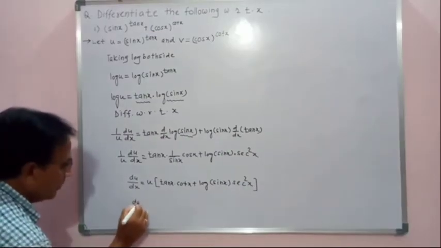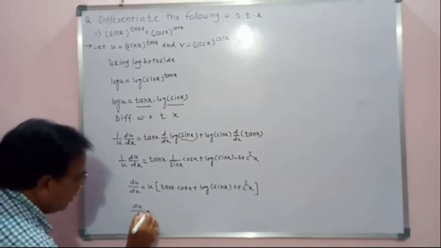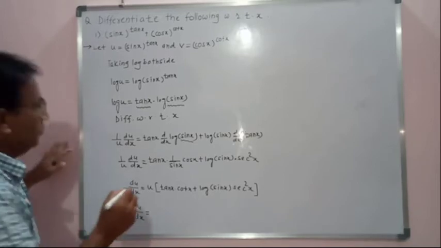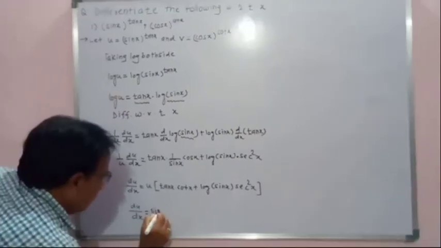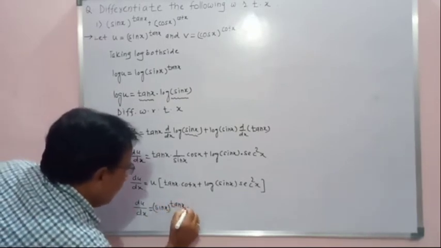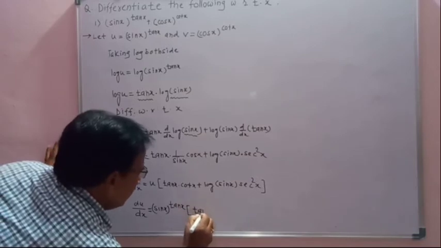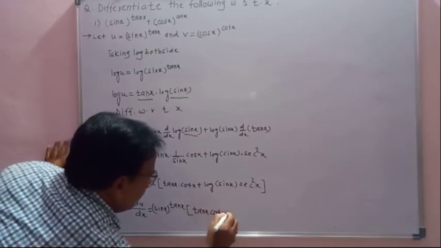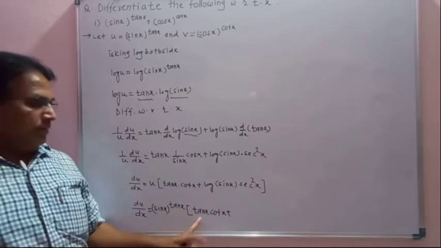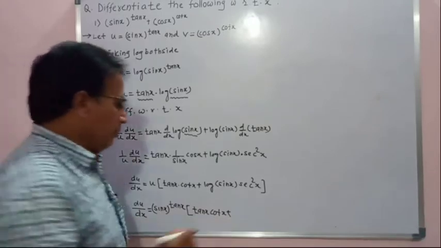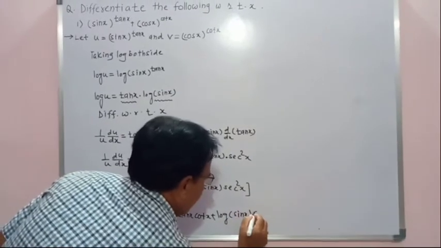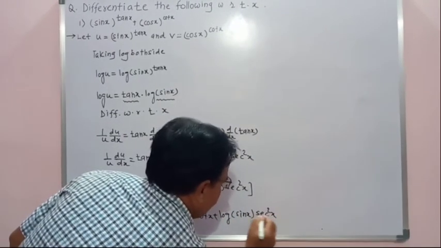Therefore du by dx equal to, resubstitute the value of u, u is sin x raised to tan x, into tan x into cot x plus sin x raised to tan x into tan x into cot x plus log of sin x into sec square x.